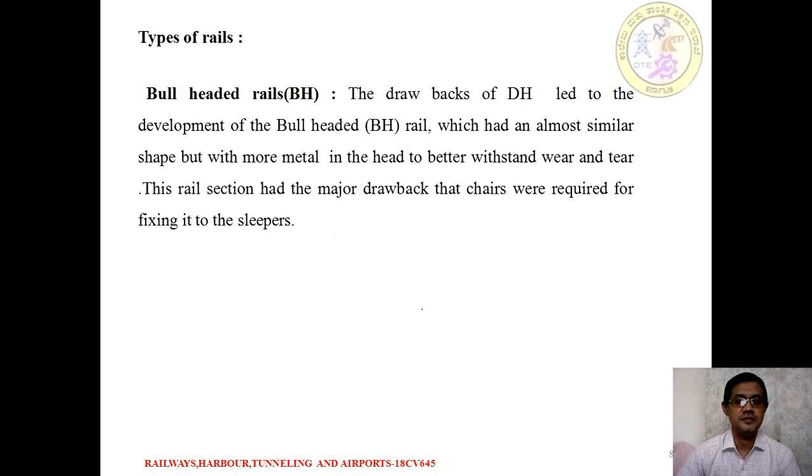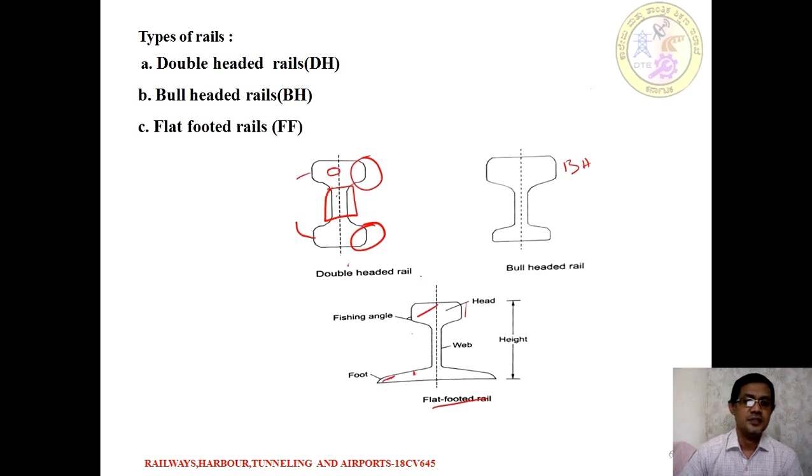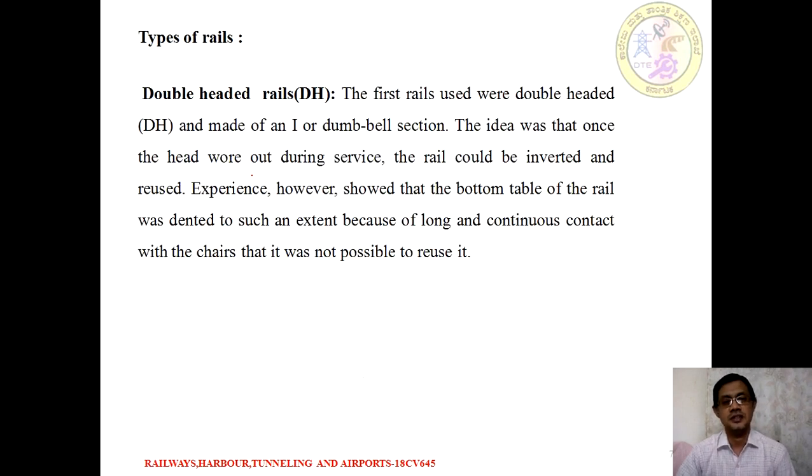For example, suppose this section is worn out, we can make it the bottom portion and reverse it, making the other the top portion, so that both heads can be used. That is the dumbbell shape.